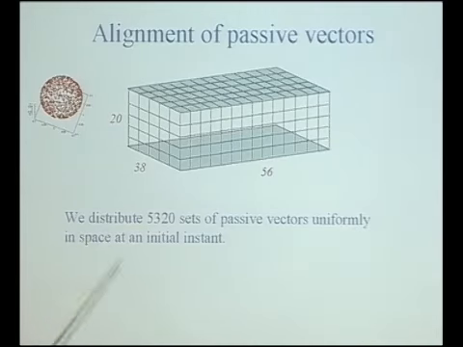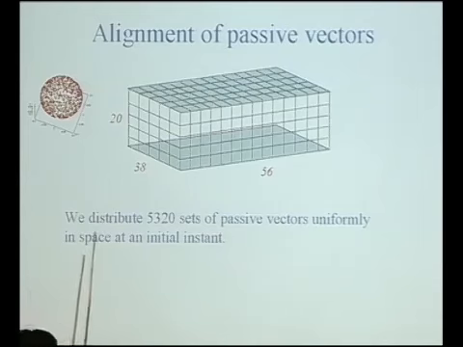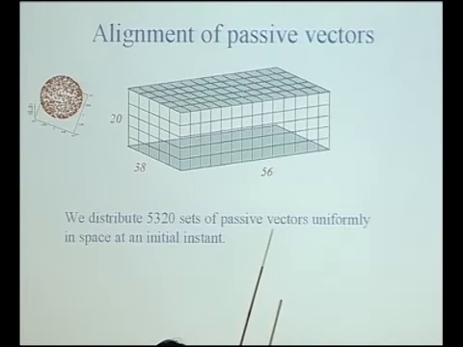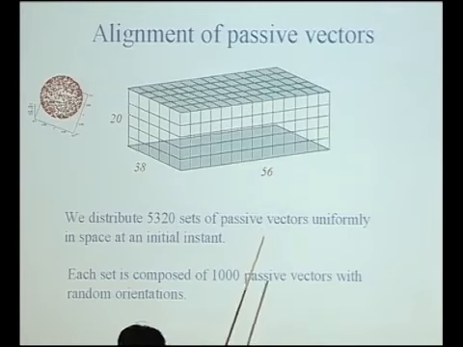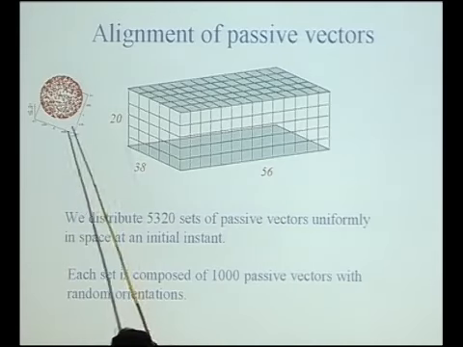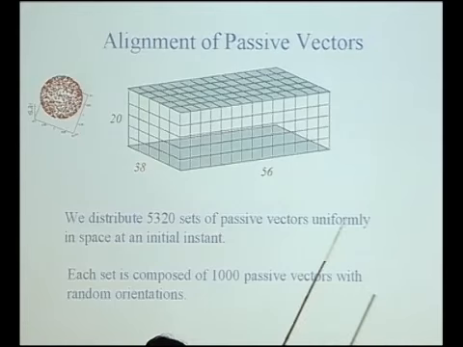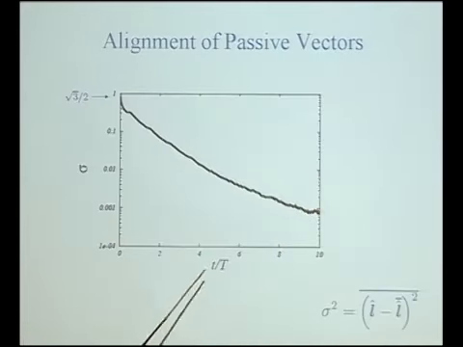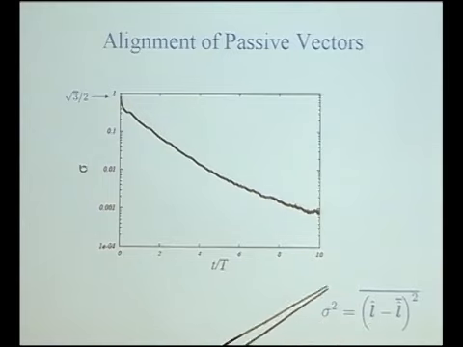We did the same calculation for many points. We distribute 5,320 sets of passive vectors uniformly in space at the initial instant, and each set is composed of 1,000 passive vectors like this, with random orientation.